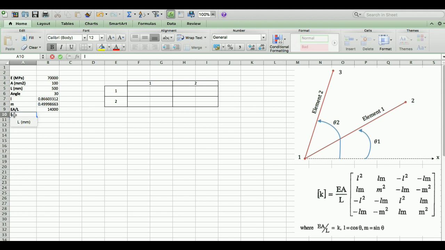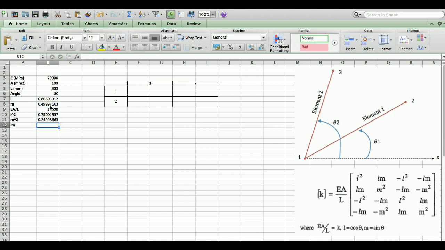I'm going to call it L squared as a title, M squared again as a title, and LM. L squared clearly equals L to the power of 2, and M squared again equals M to the power of 2.